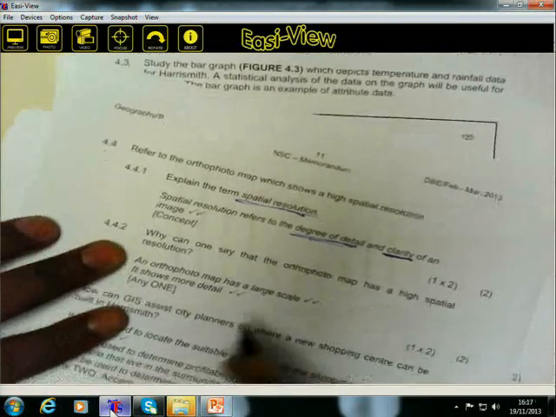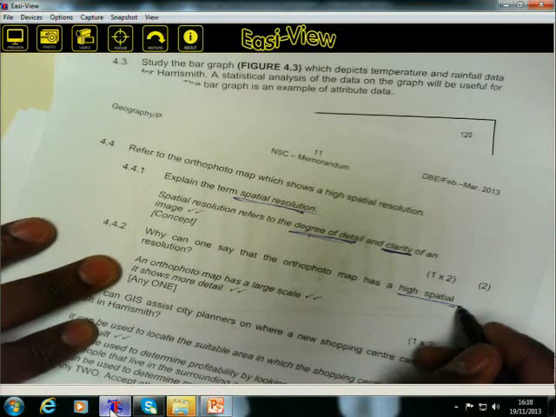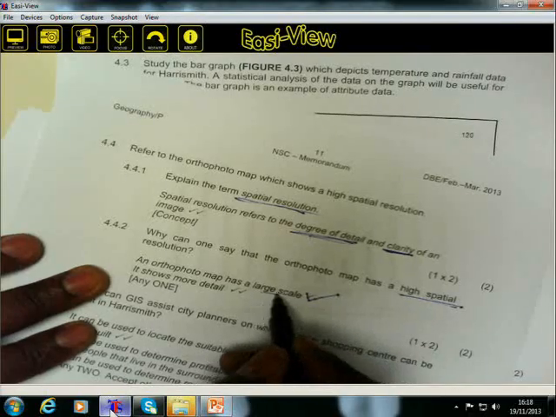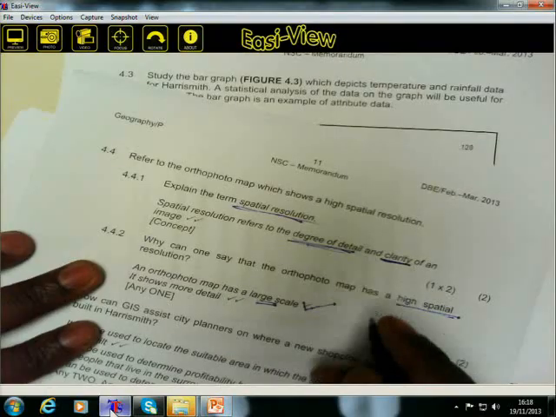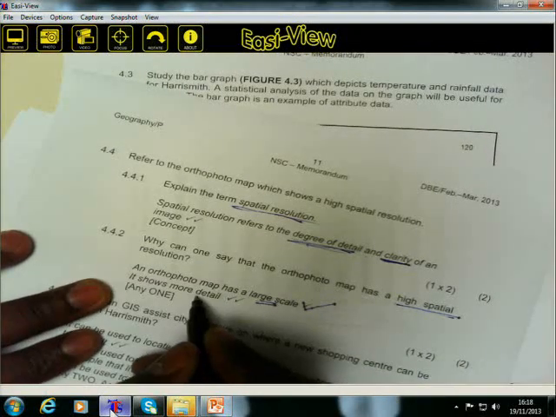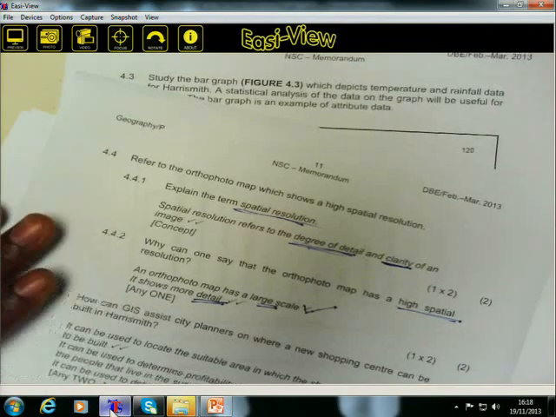Why can one say the orthophoto map has a high spatial resolution? It's because your orthophoto map has a larger scale. Even though it's 10,000, it is larger than the topographical map, and it shows most of the features in detail.